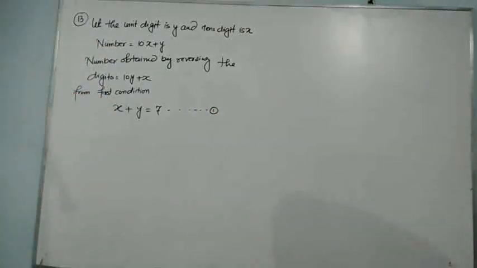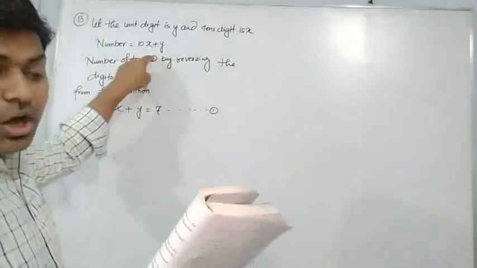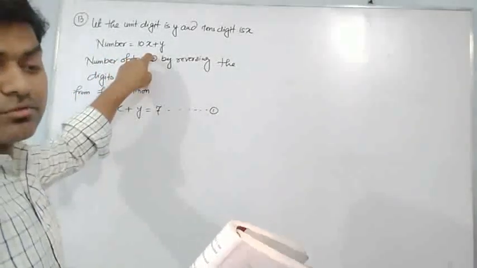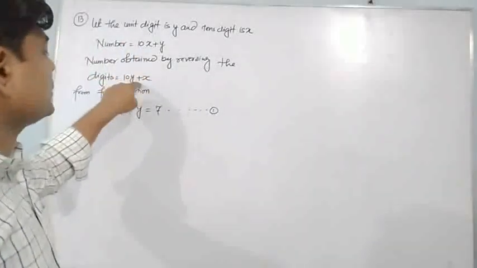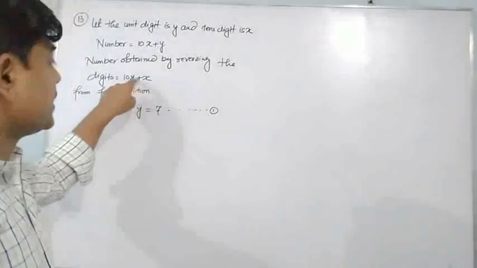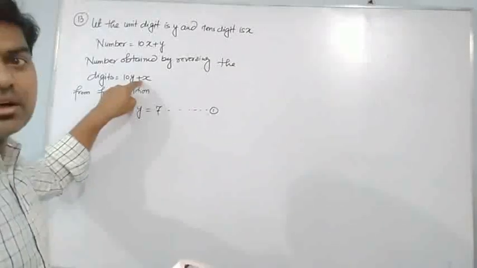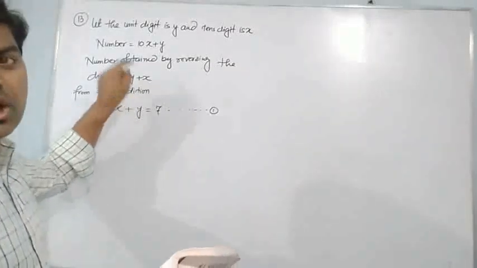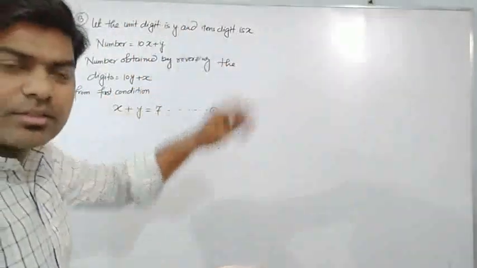Now, it's written that the number obtained, so if the number with the order of the digits reversed, this is 28 greater than twice the unit digit of the original number.